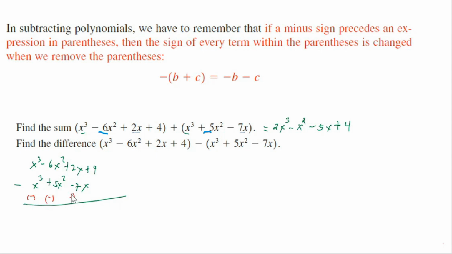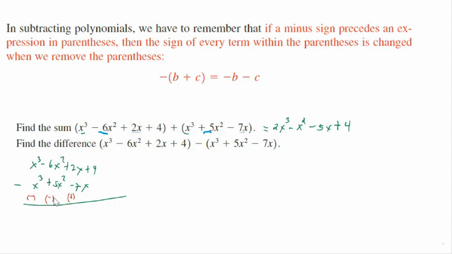From there, we are now going to follow the rules of adding integers. It's either adding like signs or adding unlike signs. Let us focus first on the coefficients. So we have 1x cubed, or just x cubed, minus x cubed. It gives 0. And this one, negative 6x squared and negative 5x squared. Now they are the same sign, so we are going to add.